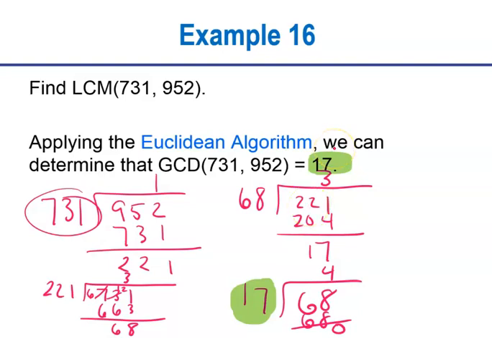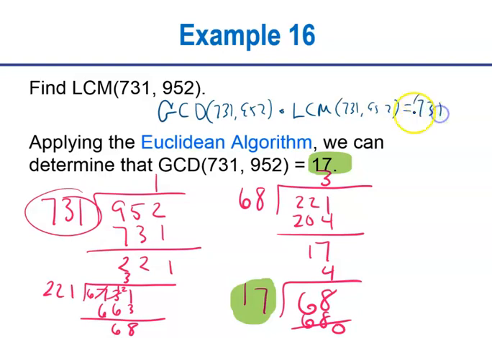Now, how could we use that information to find the least common multiple of 731 and 952? Well, remember, I'm going to write it on this page and then switch pages on you. At the top of the page, here I go. Remember, the greatest common divisor of 731 and 952 times the least common multiple of 731 and 952 is equal to 731 times 952.